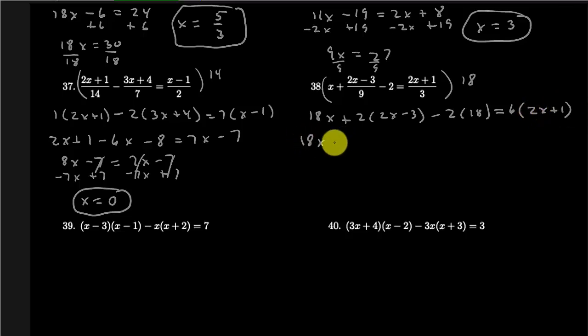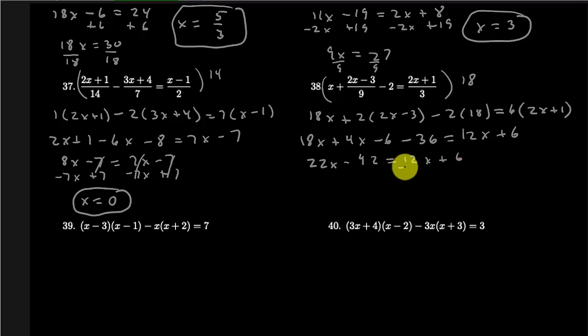So I've got 18x plus 4x minus 6 minus 36 equals 12x plus 6. Combine like terms. So that's going to be what? 22x minus 42 is equal to 12x plus 6.